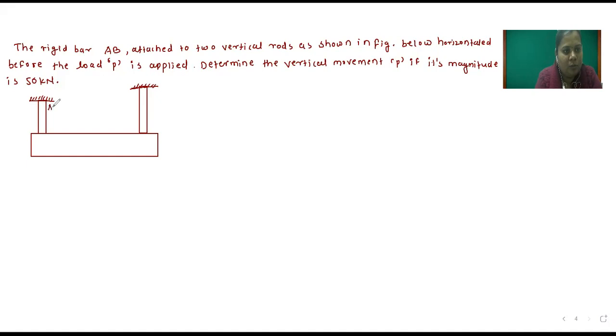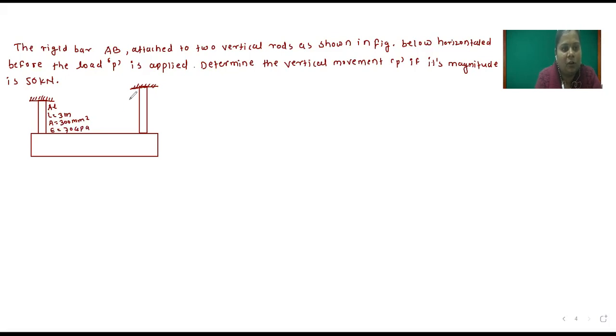This is the aluminum rod. Aluminum, length of rod is 3 meter, area is 300 mm square, and Young's modulus is 70 GPa.